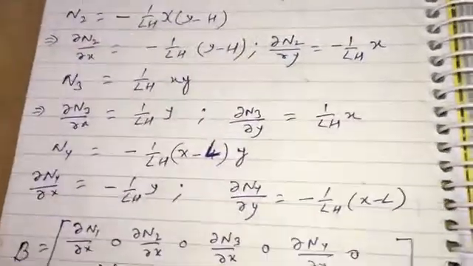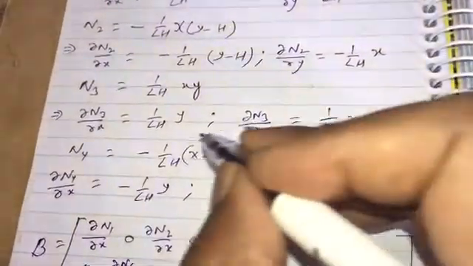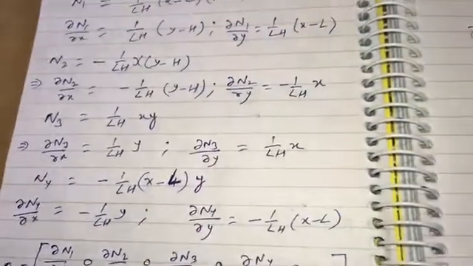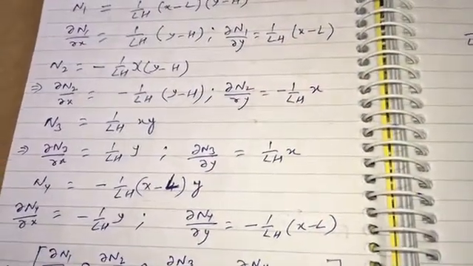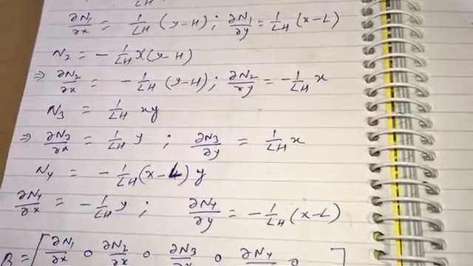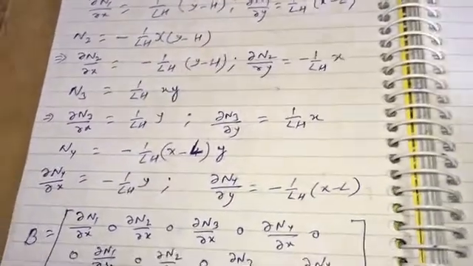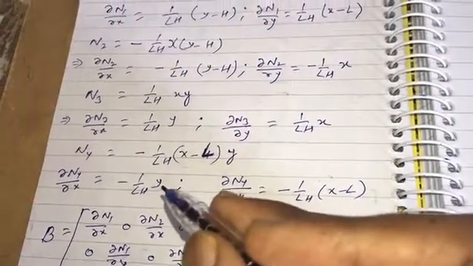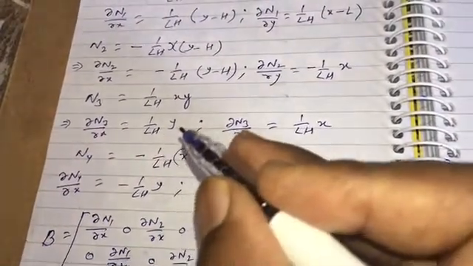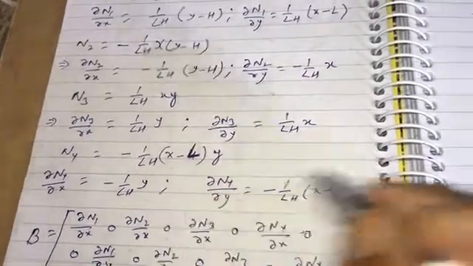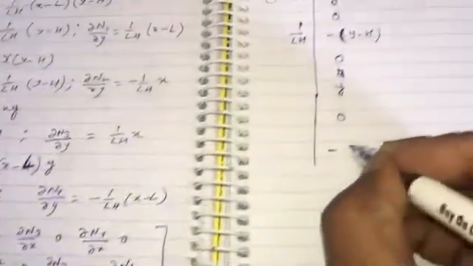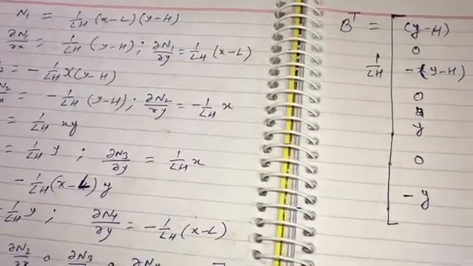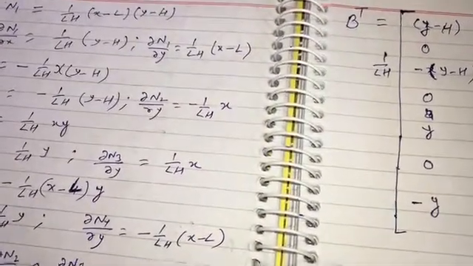Then the third one, just y here, so write y, then we have 0 here, and then y, then minus y. So here it will be minus y. Okay, and here this will be 0.